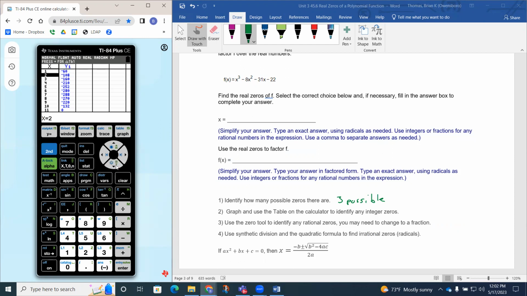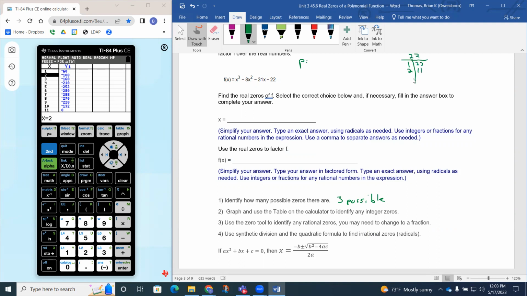Notice that if we use the rational roots theorem, the p's are going to be the factors of 22, which would be 1 and 22, 2 and 11.